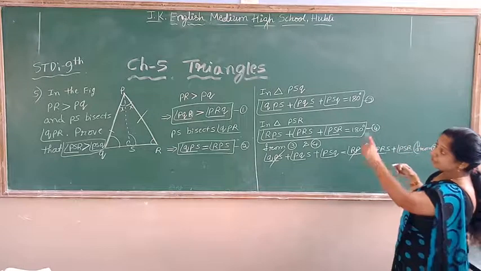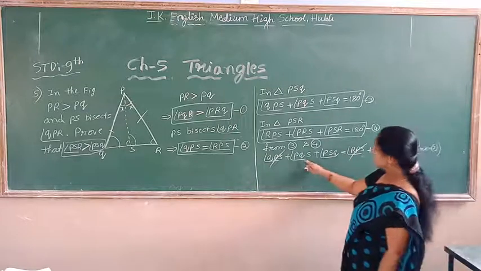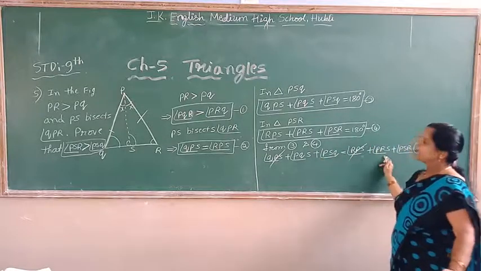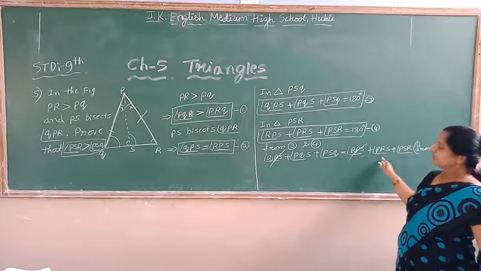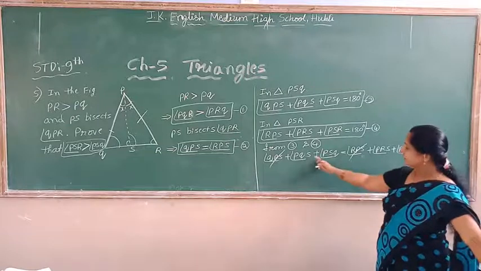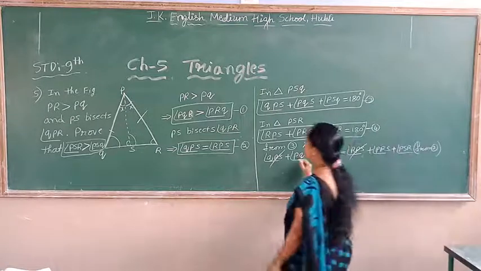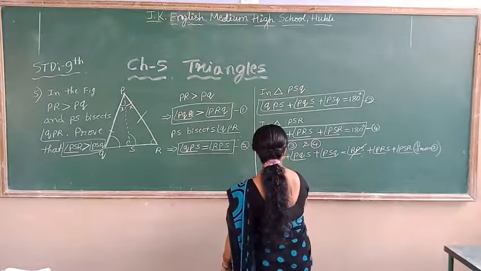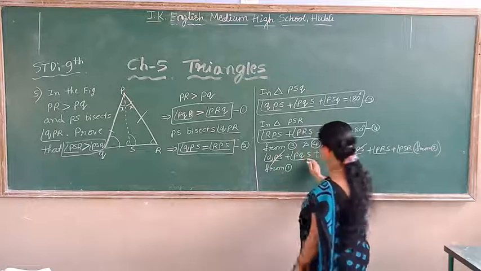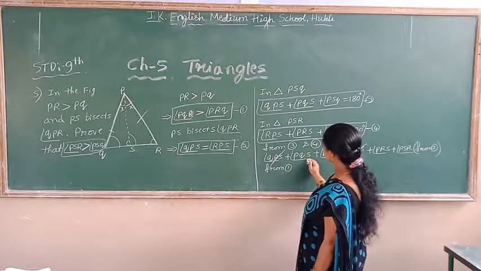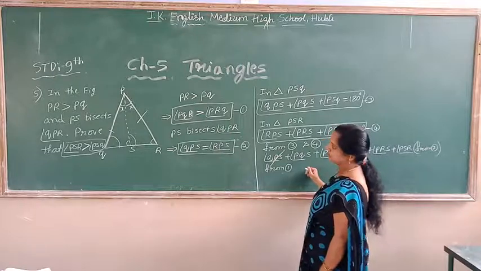PQS is greater than PRQ, children. So if it is greater, the other should be smaller to equalize. From equation 1, PQR or PQS, we can consider PQS also, or PRQ also, children.